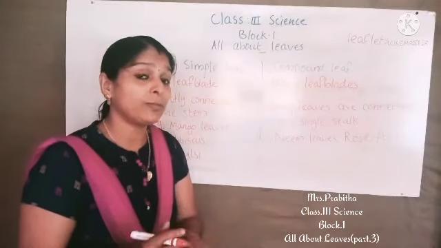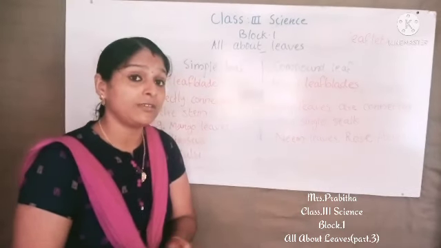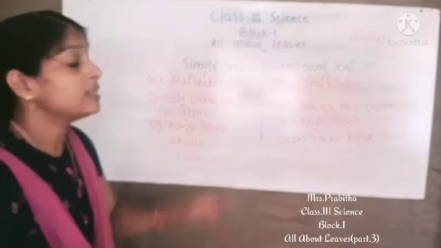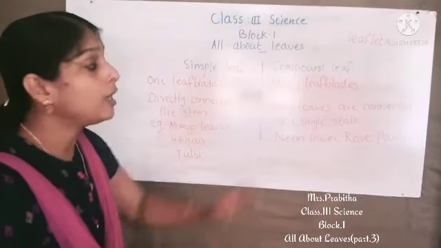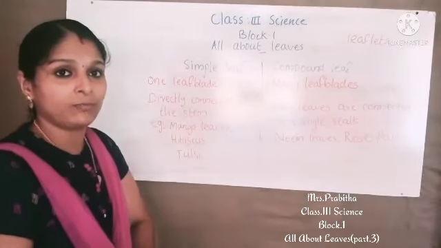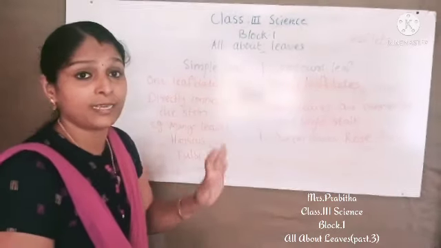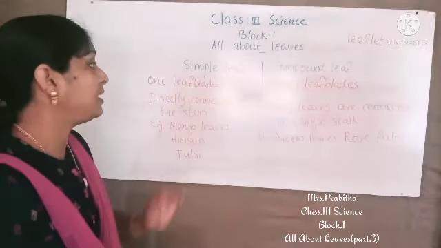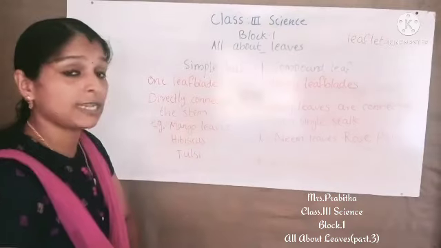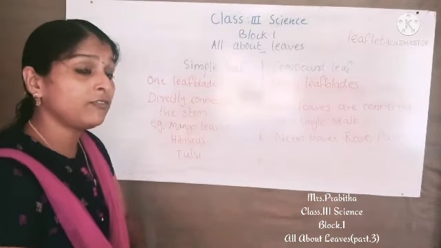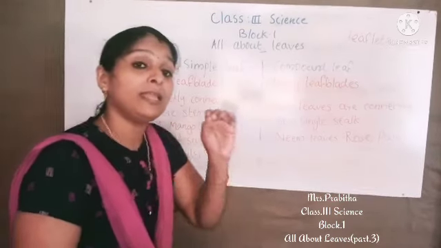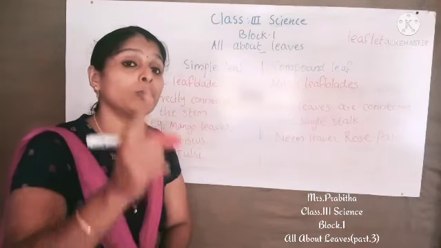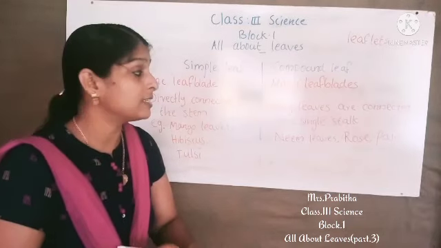Okay, so everybody understood how simple leaf is different from compound leaf. Simple leaf has one leaf blade, compound leaf has many leaf blades. Okay, you can easily study this. Next, leaf is directly connected to the stem in the case of simple leaf, but in the compound leaf many leaves are connected to one single stalk.